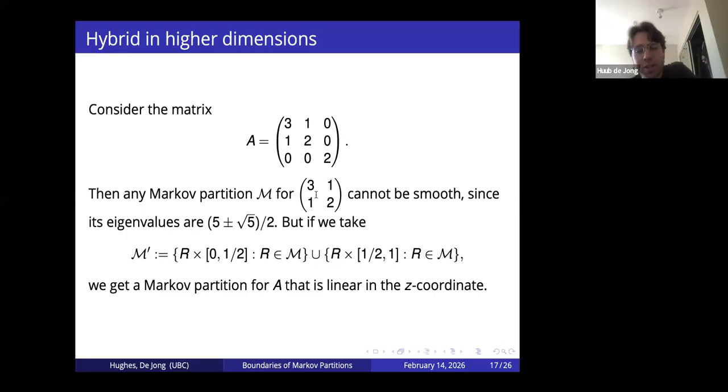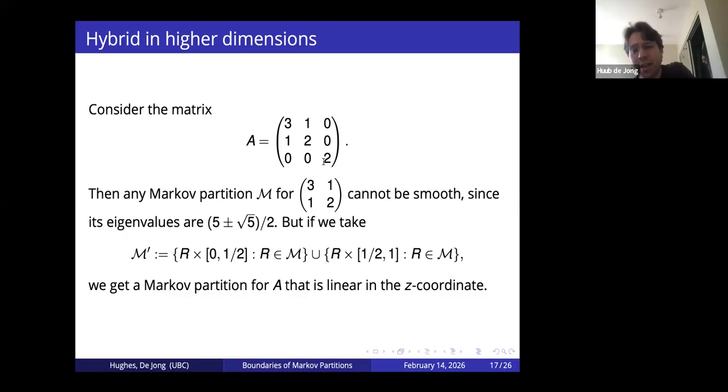And this particular matrix has eigenvalues that are not roots of integers. So whatever Markov partition I make for this 2 by 2 block on the two torus cannot be smooth. This is what we saw earlier.